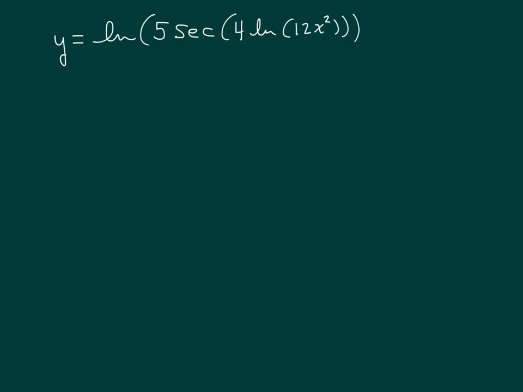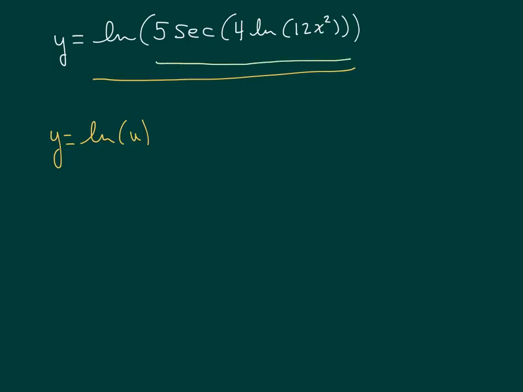So what I do is I look at the complete outside. So let's call that ln of something. Doesn't matter your variables. I'm going to use u. And now I'm going to go to this next inside. So let's call that next inside 5 secant of something.